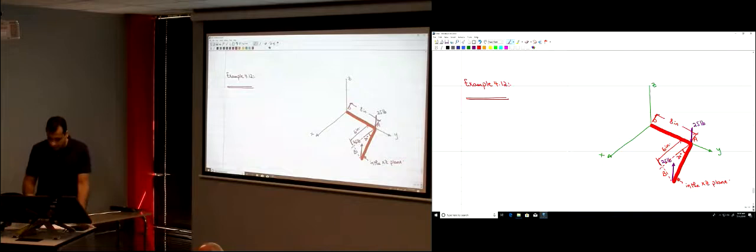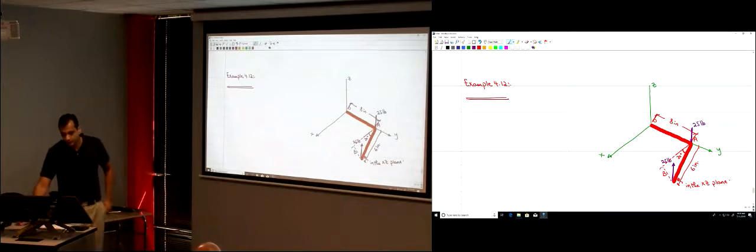I'm sorry, the length of that pipe is 6 inches. The length of this part is 6 inches. Okay?